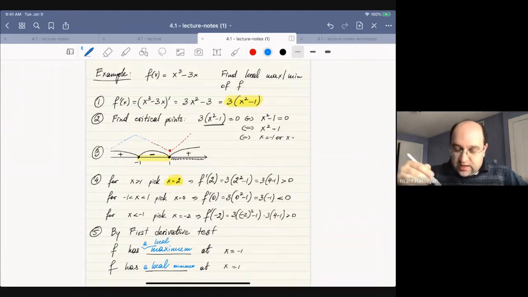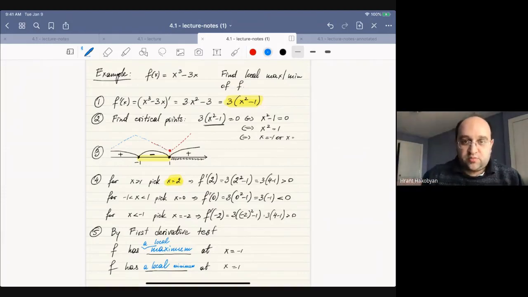And then using the first derivative test, because it's increasing then decreasing, we found which of these critical points are maxima and which are minima. Okay? Are there any questions? If there are no questions, I'm going to go to the next problem.